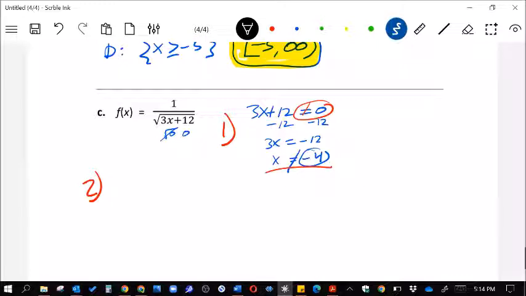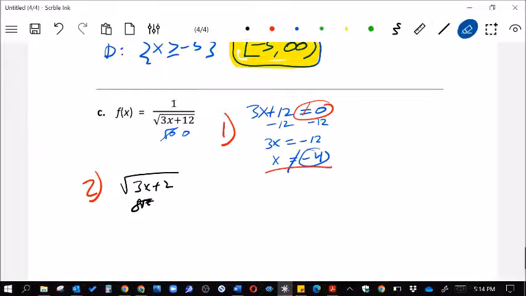And 1 over -18 is -1 over 18. That's a perfectly valid number, except that in a square root we can't do that. I'm not going to write it that way. I'm going to erase that part there.